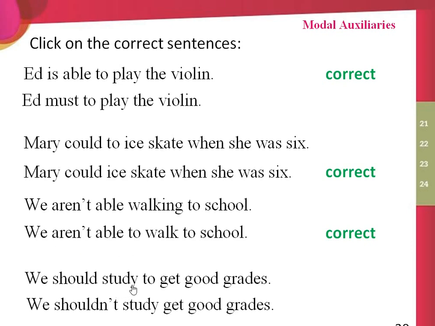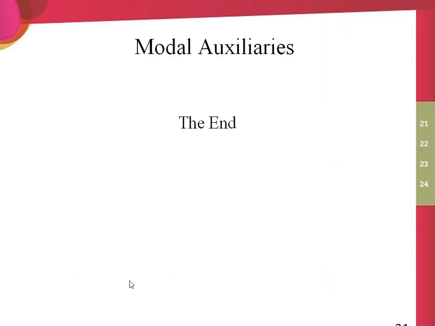And the number 4, we should study to get good grades. We shouldn't study get good grades. Again, we need should study to do something. So this one here is the right one. And that's how we finished the class about modal auxiliaries.